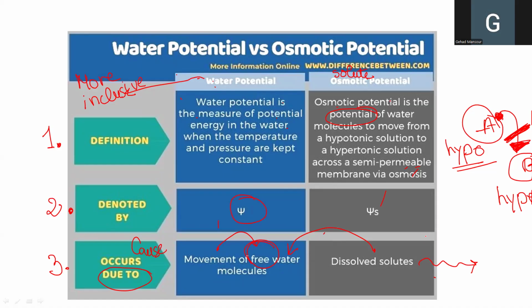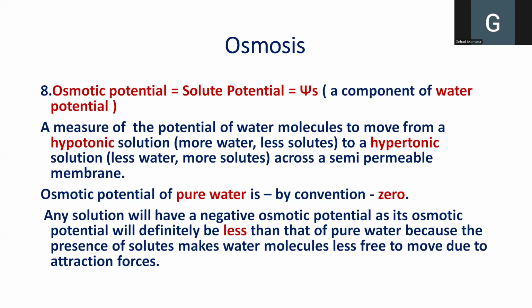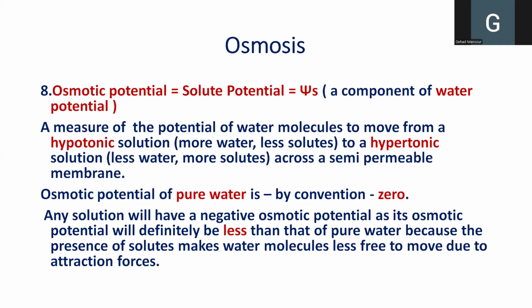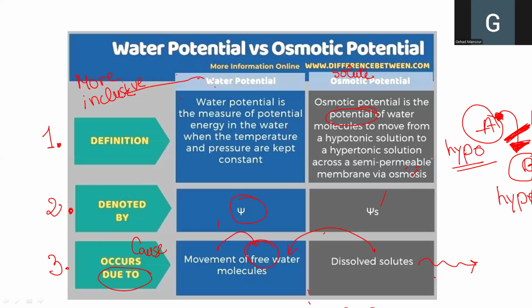Actually, it's true that the presence of solutes on side B triggered the movement of free water to A. So they should be the same thing, the same cause. Dissolved solutes is a cause, and it results in movement of free water molecules. But why are we differentiating?